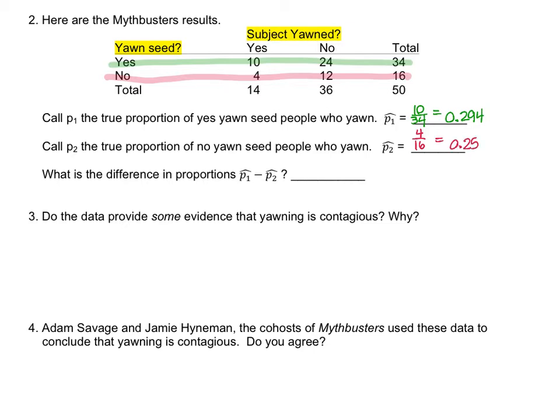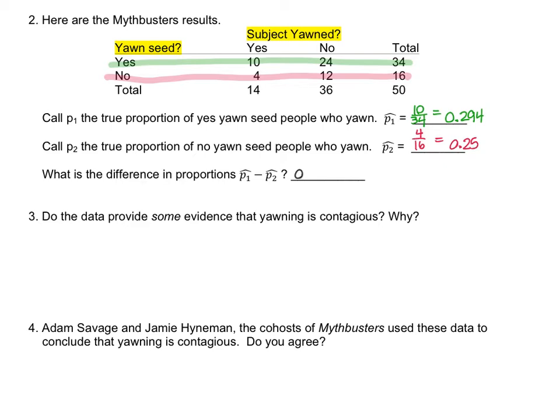All right, so what we're interested in is the difference between the proportions. We want the true difference, but we're going to use our sample as evidence. We always do that for significance testing. We think that the people who had the yawn seed have a tendency to yawn more, so we're going to put those first.